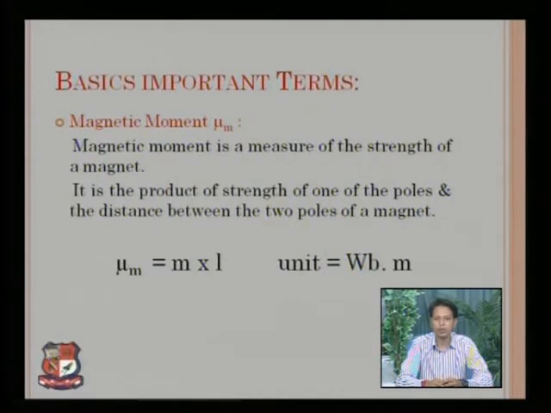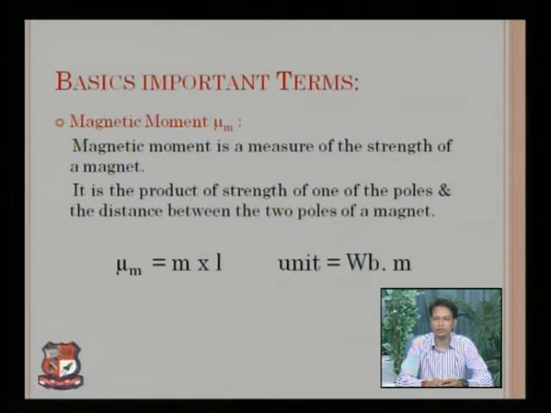I repeat, it is the product of the strength of one of the poles and the distance between the two poles of a magnet. So μm is the magnetic moment, which is the measure of the strength of that magnet, which is equal to m, where m represents the pole strength, multiplied by L, which is the distance between two poles.